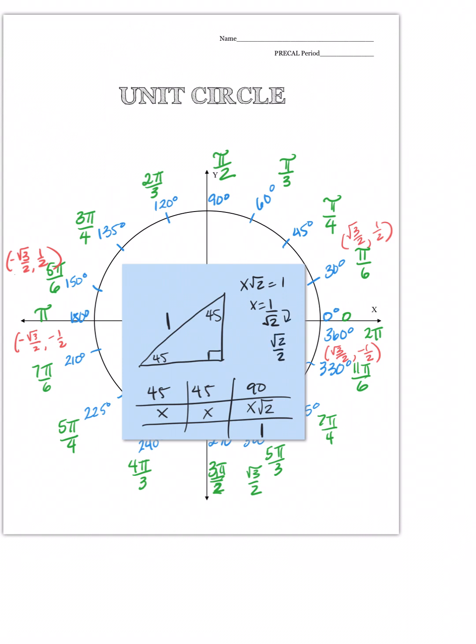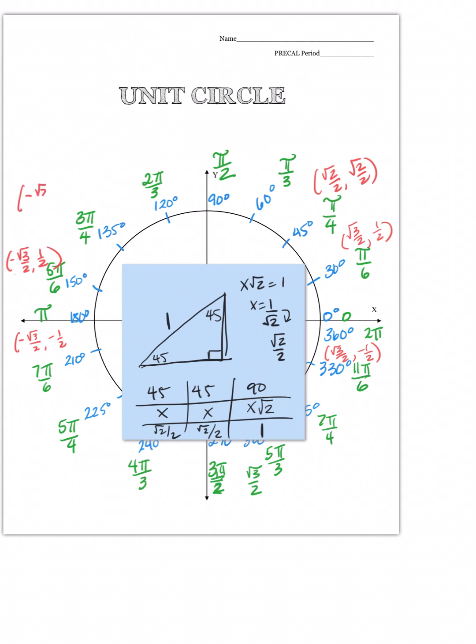Does that ring a bell? So what does that tell me? That tells me my two side lengths are equivalent, square root of 2 over 2. And that my y is the same as my x. So, coming back over here, that means at 45 degrees, it's square root of 2 over 2. Positive, positive, right there in quadrant 1. So my 45-degree angle in quadrant 2 is at 3 pi over 4.